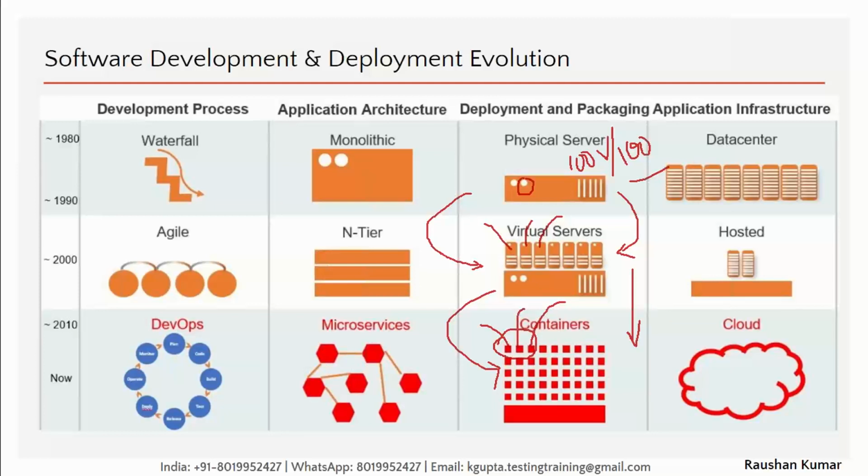Cost optimization is what drives IT, right? If a company was spending, let's say, $10,000 per month on billing, and this technology can reduce the cost by 40%, now the company only needs to pay $6,000.